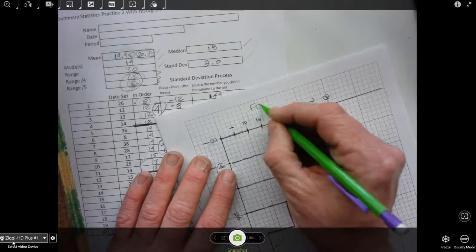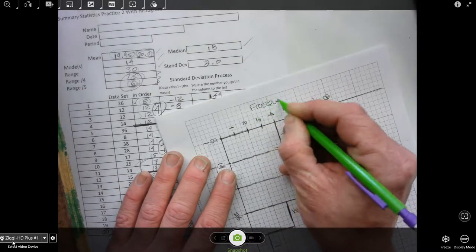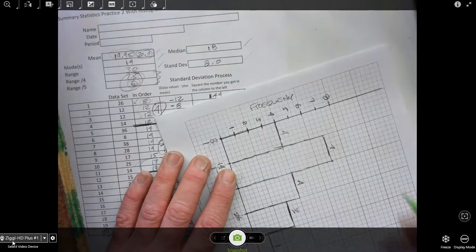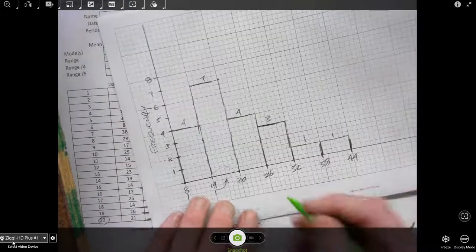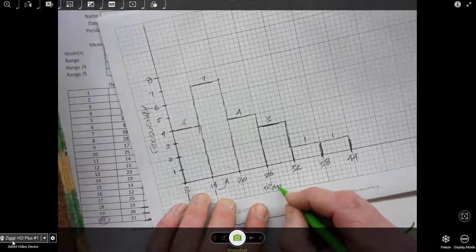On the side, you should write frequency for this label. There we go. And at the bottom, range. And that'll work for now. Alright, so try your set, see how it goes, and I guess that's it.